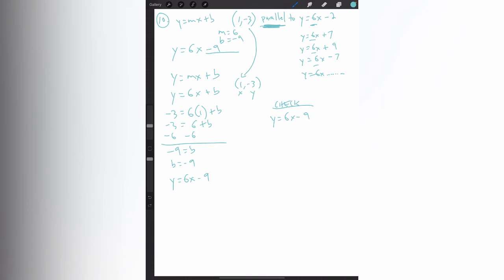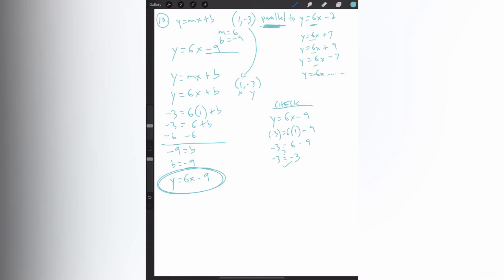Now I want to substitute in my original point, right? So I had negative 3 is equal to 6 times 1. Is that true? Let's try. 6 times 1 is 6 minus 9 is equal to negative 3. Negative 3 is equal to negative 3. Is that right? Yes. So I know that this is my answer.